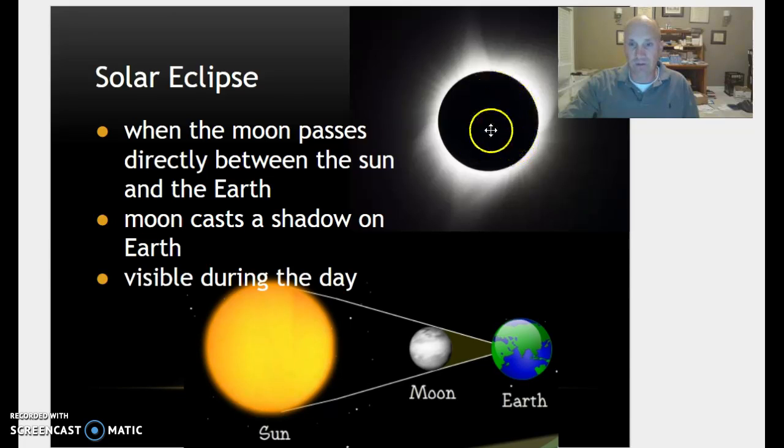But if you block out the middle of the sun with the moon, all of a sudden that corona becomes visible. Since this is a blocking out of the sun, it has to happen during the day, because that's when the sun is visible.